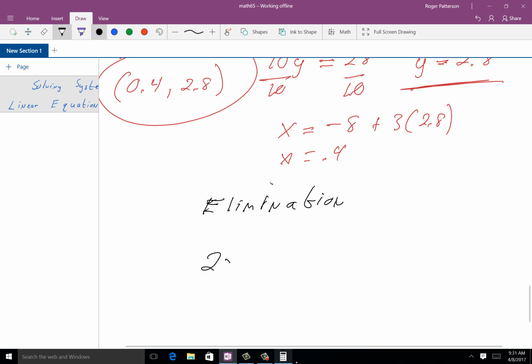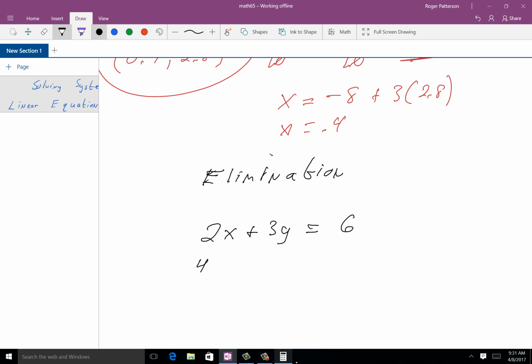And elimination is good to use when, here in this case, substitution isn't very good because we don't have anything that doesn't have a number by it, okay?